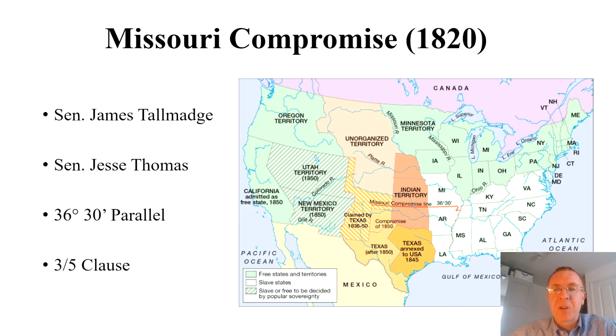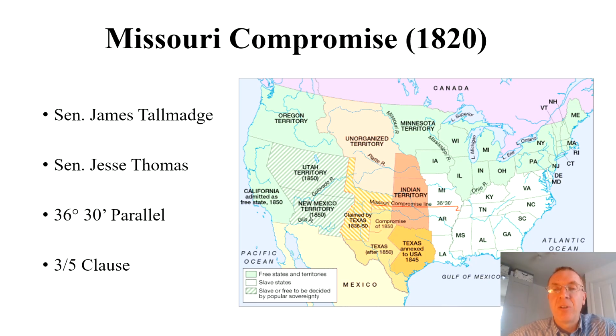Now, what was the Missouri Compromise? Missouri was not a state in 1819. They were a territory. However, they wished to join the American Union formally as a state. That's tricky because at the time, there was an exact even number of slave states and free states. That's important because every state gets 2 senators representing them in Washington.